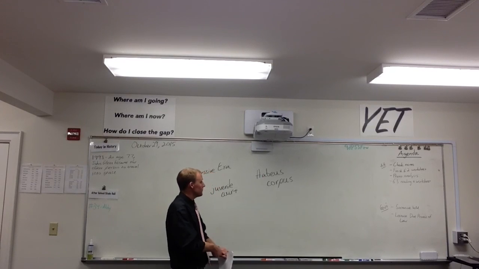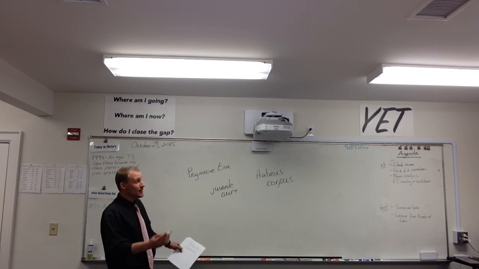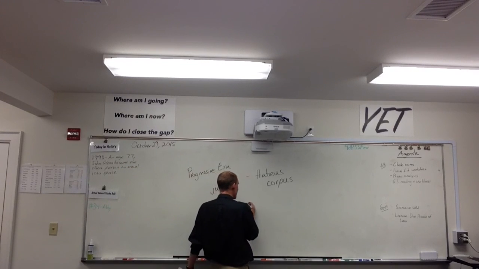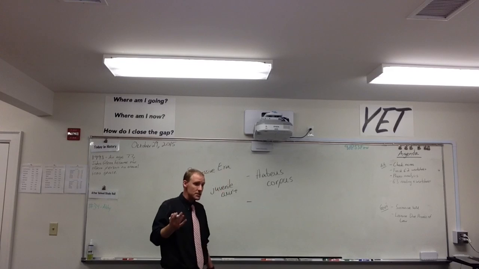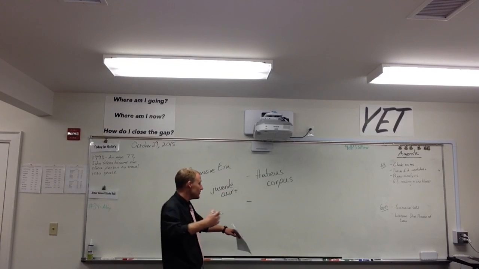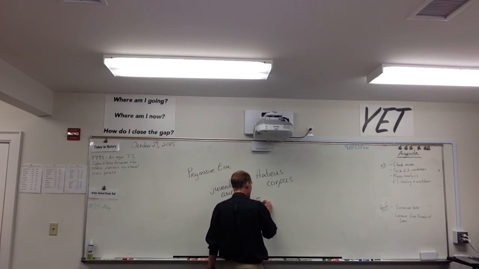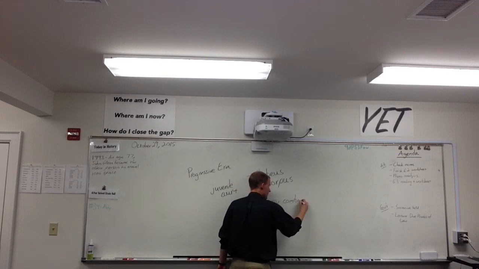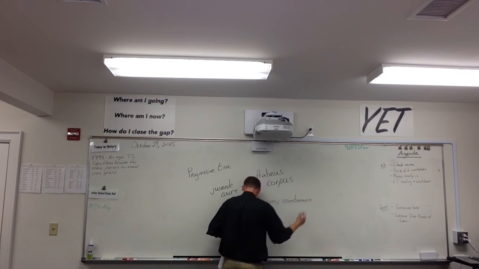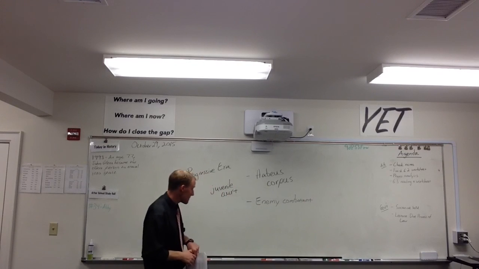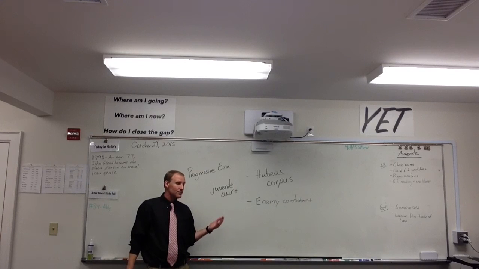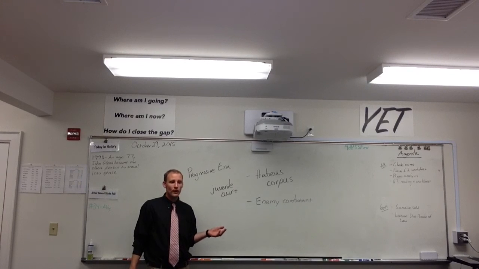A second potential limit, and again, this is also kind of an extreme example, but it has been in the news recently, has to do with the term enemy combatant. And this gets to the point that wars don't really look like what they used to.